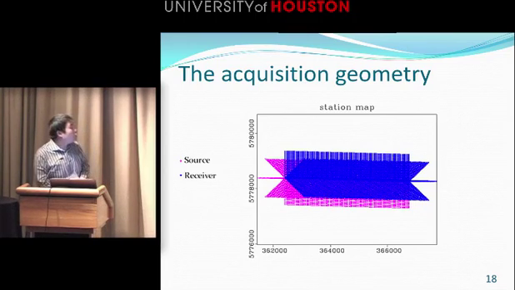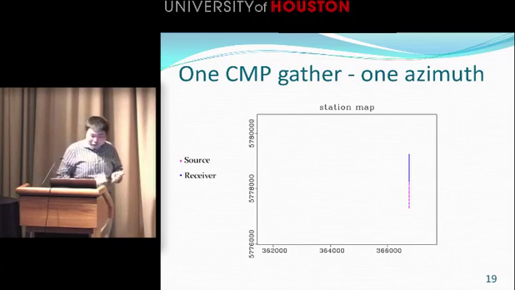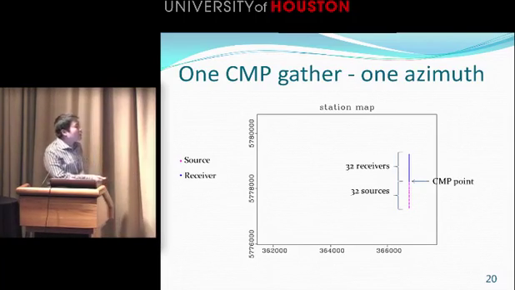We just look at the first CMP gather. This is one CMP gather for one azimuth. This is the first gather. The blue dots represent 32 receivers, and the red dots represent 32 source locations, and in the middle is the CMP point.